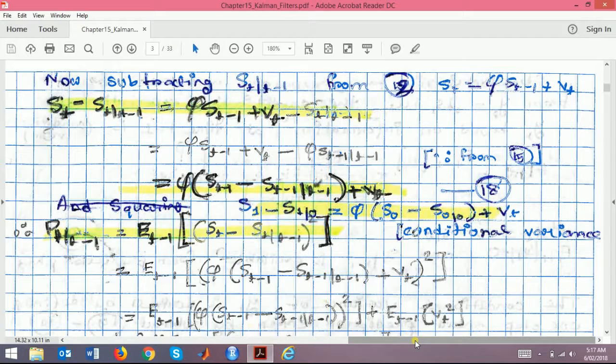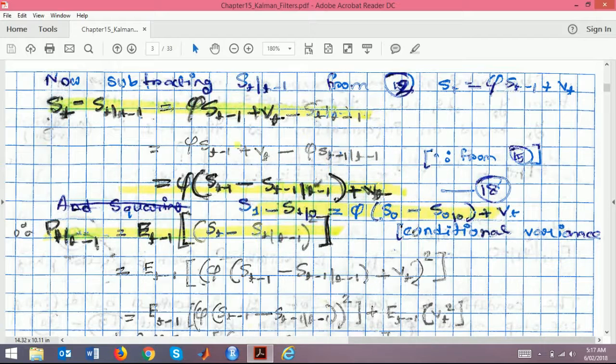Now subtracting s1|0 from the state equation, we have: first we had st equals phi st minus 1 plus vt, and we subtract s1|0 from both sides. Remember that s1|0 is phi s0|0.